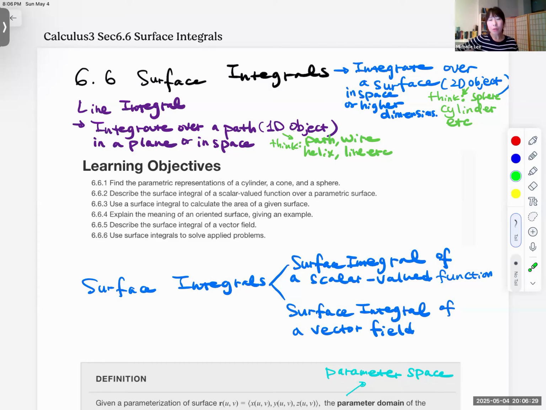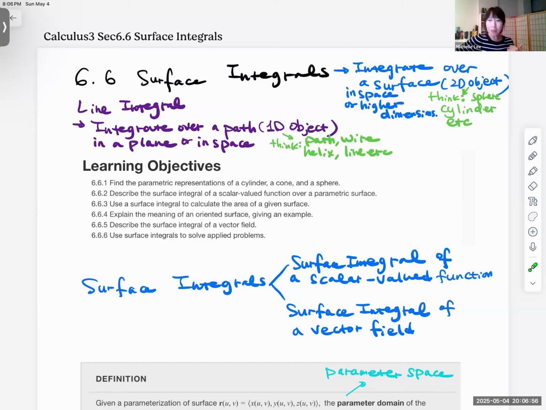Today we are going to learn surface integrals. This one integrates over a surface, a two-dimensional object. So what is a two-dimensional object? Think about a sphere or cylinder in three dimensions or higher dimensions.